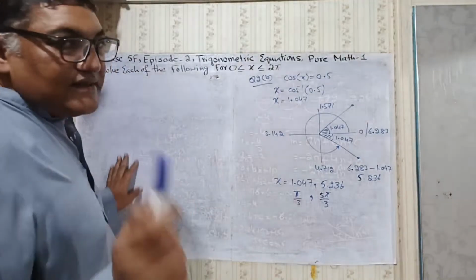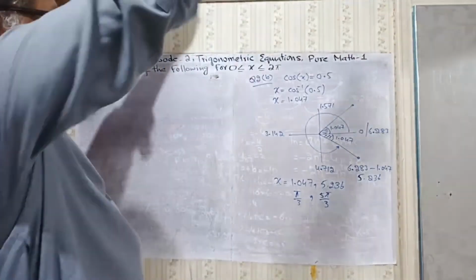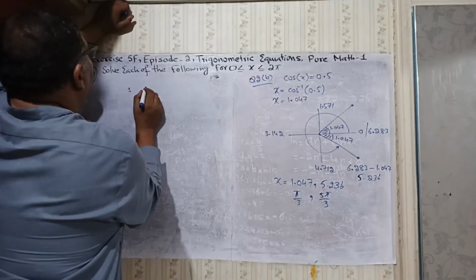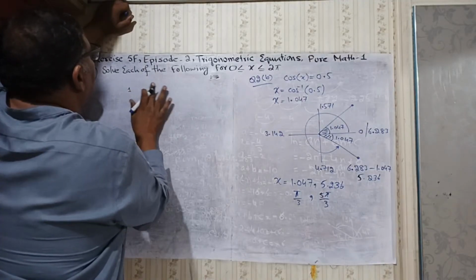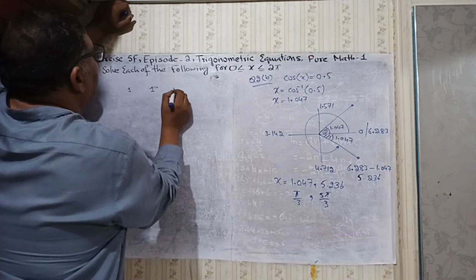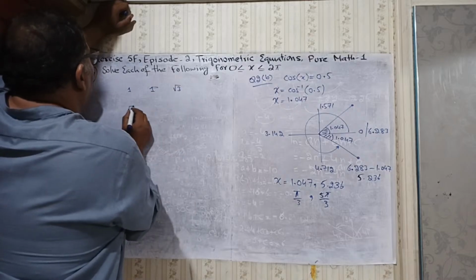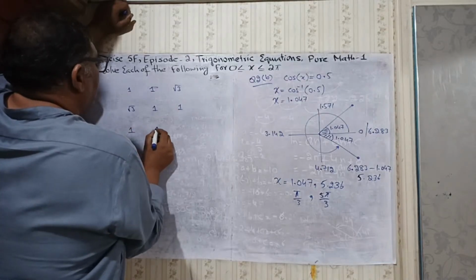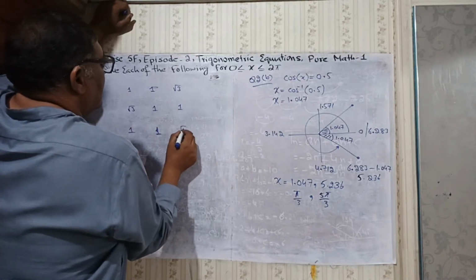The table which we use, in which we do not use the calculator, is what you write here. You write 1, 1 under root 3, 1 and 1 under root 3.